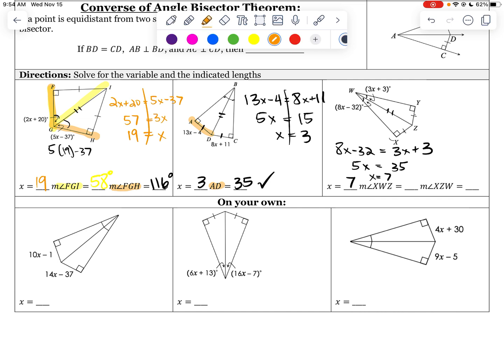Check my triangles. XWZ is that little guy, so 8 times 7 minus 32 is 24. I'm going to check my other one just to triple check. So 3 times 7 plus 3 is 24. Good.